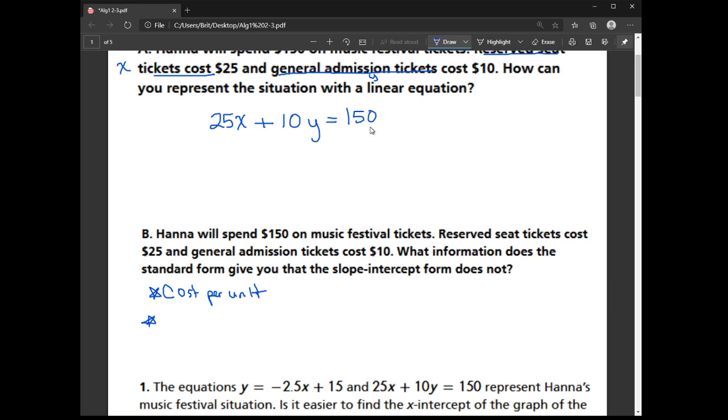This also tells you a final budget or some kind of maximum value, which is not seen in the slope-intercept form.